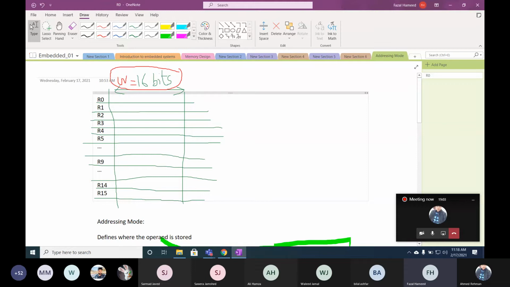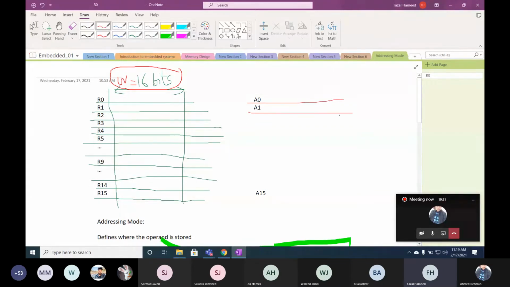These are the address registers: we have A0, then A1, and then up to A15. So now we have A0, A1 up to A15.